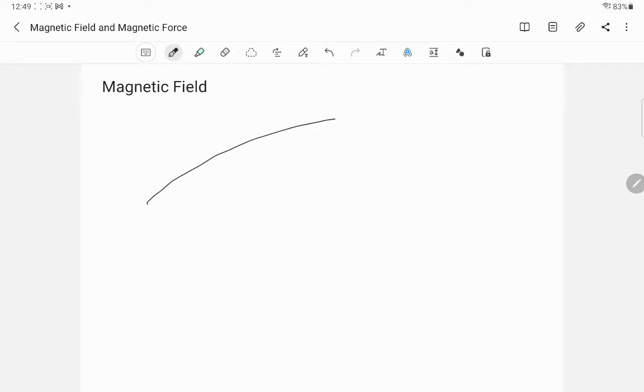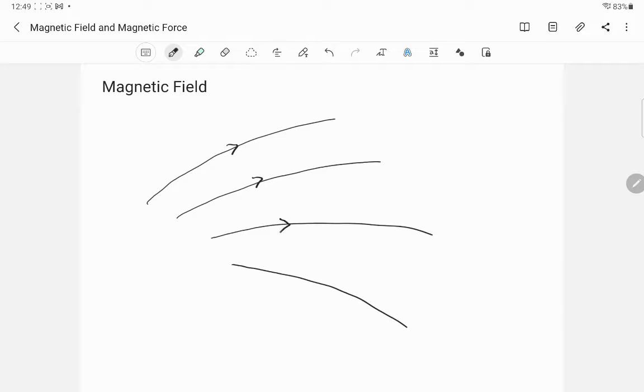So let me draw a field. This is a field line diagram. And I'll direct it. So here are the field lines. You can see that the field lines are all kind of close to each other over here on the left, but over here on the right, the field lines are further apart.